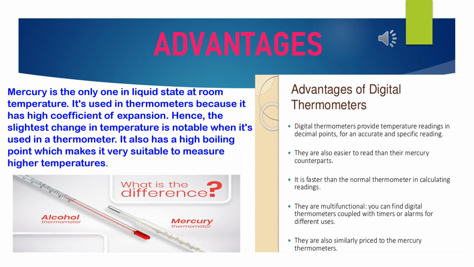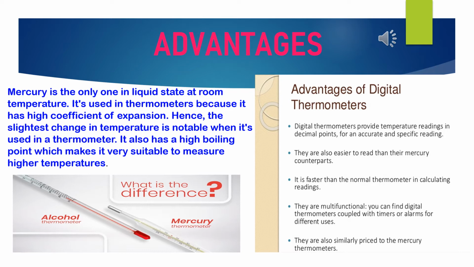Point-wise, if you want to write, you can write: mercury is easily available in pure state. It being a good conductor of heat, the whole mass of mercury attains the same temperature in a very short time. Number 3, mercury being shining and opaque can be easily seen through glass.